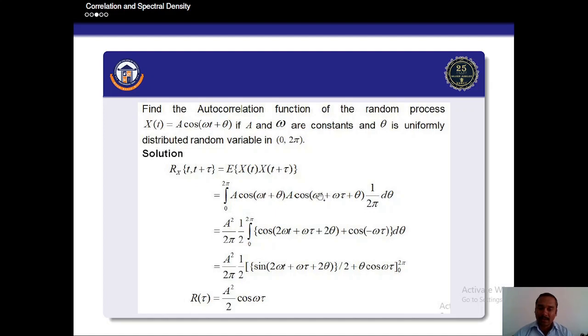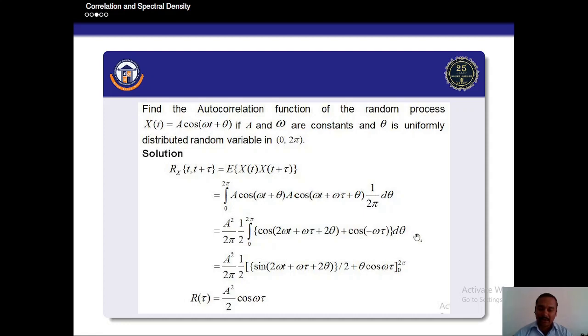Omega t minus omega t cancels, theta minus theta is 0, so the only term is cos(minus omega tau). Now use the concept of even and odd functions: cos(minus theta) equals cos theta, so it becomes cos(omega tau).